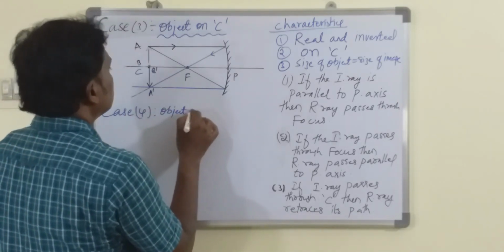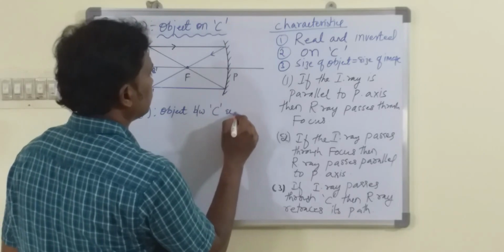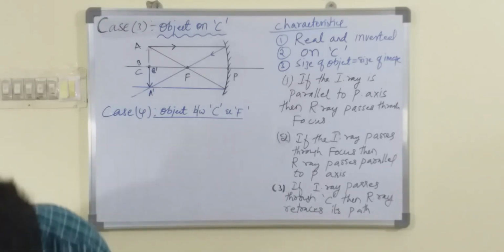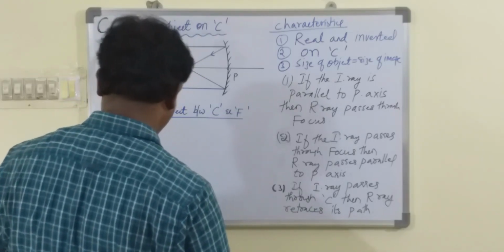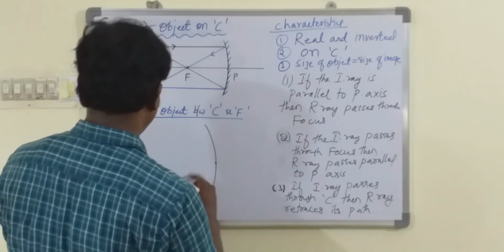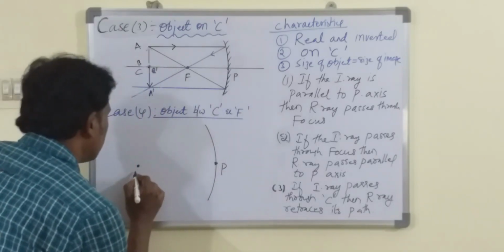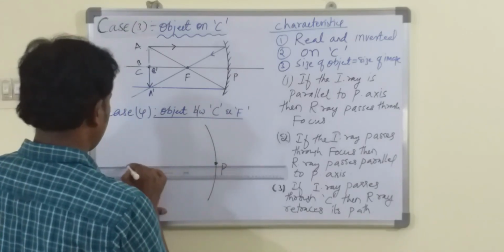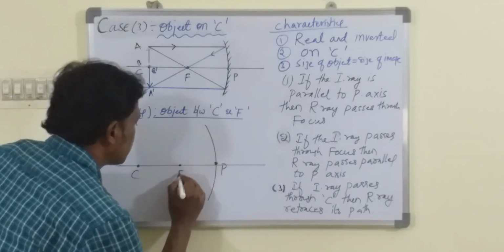Object between C and F. Okay, so this is P, this is C, and this is principal axis, and this one will be the focus.